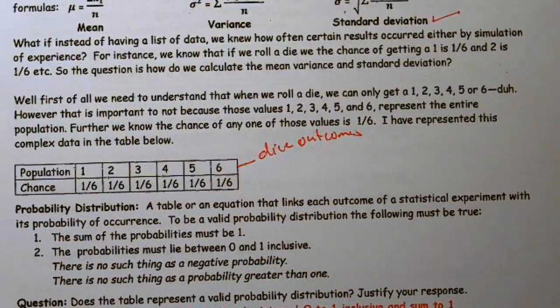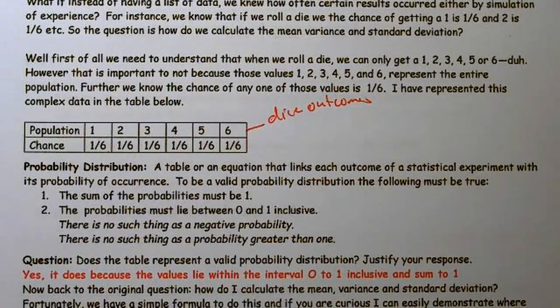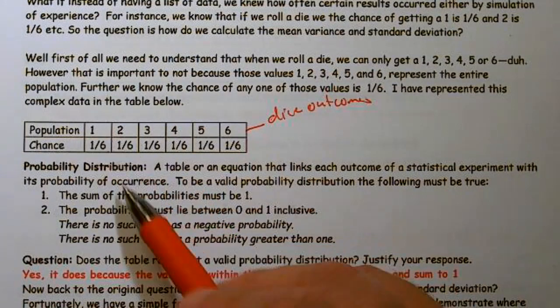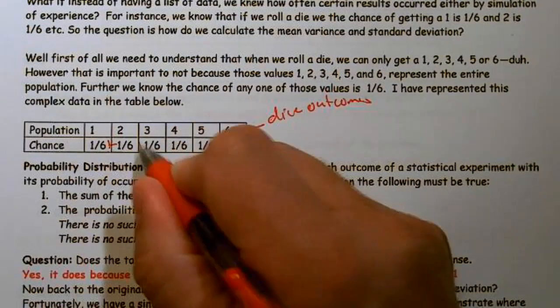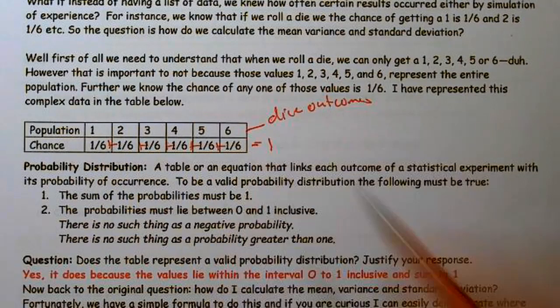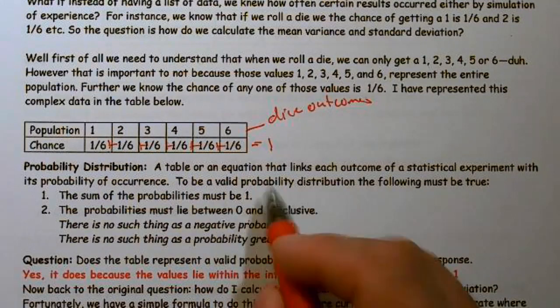Now this happens to make a valid probability distribution. I need to talk briefly about that before we get into our computations. To be a valid probability distribution, our probabilities must sum to 1. If I added all these up, they actually do sum to 1, so that's good. And then the next thing is the probabilities must lie between 0 and 1 inclusive.